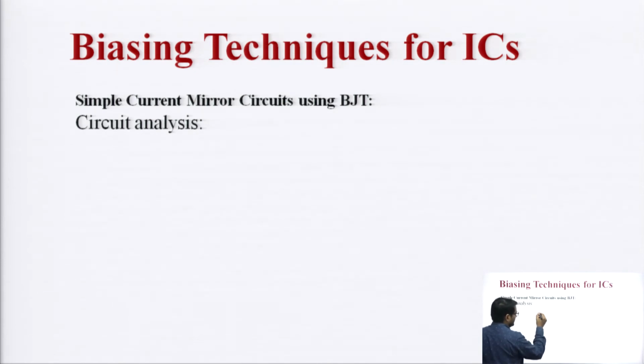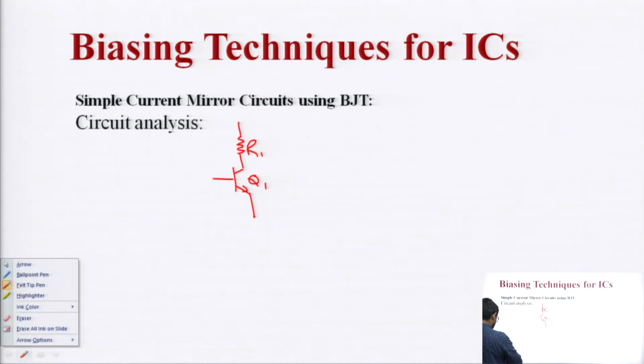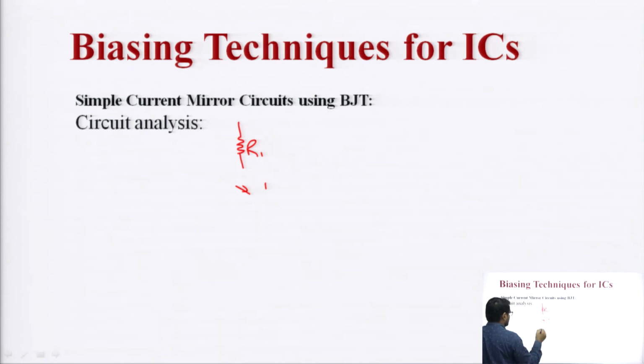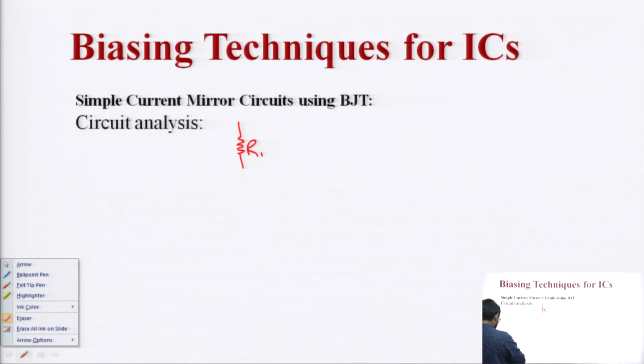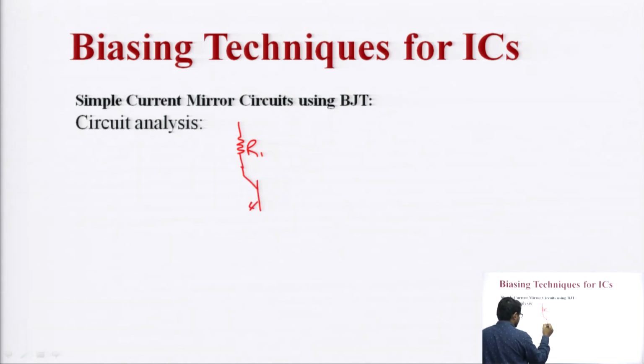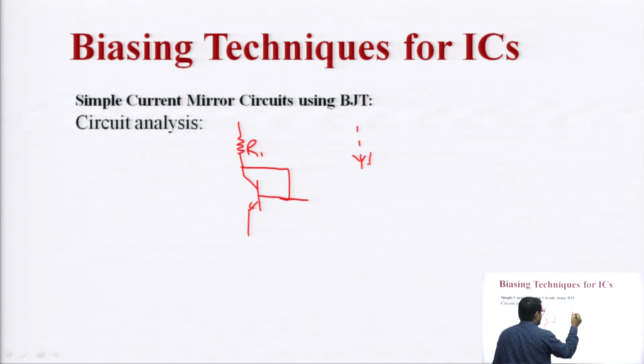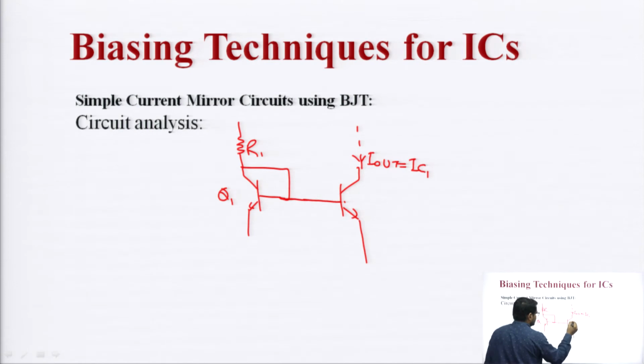Let us consider the simple current mirror circuit with resistor R1, transistor Q1 and transistor Q2, and here is I out and IC1, and here is ground.